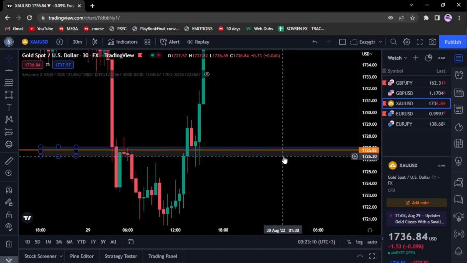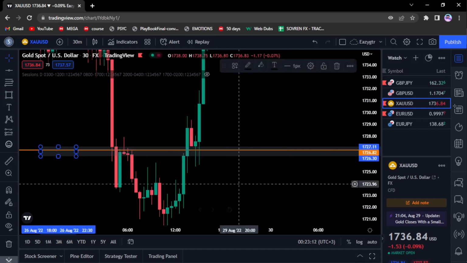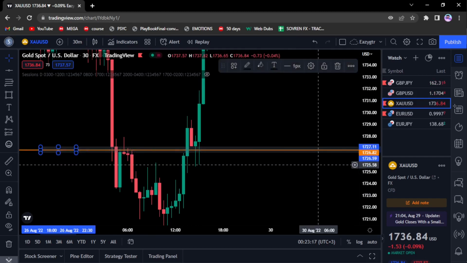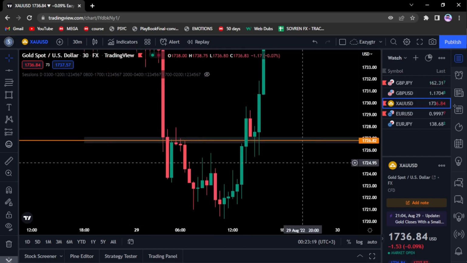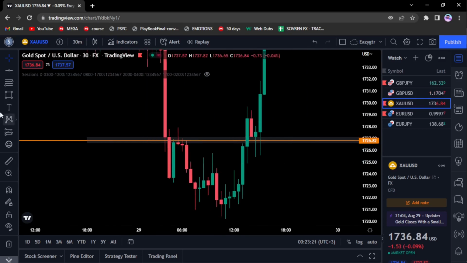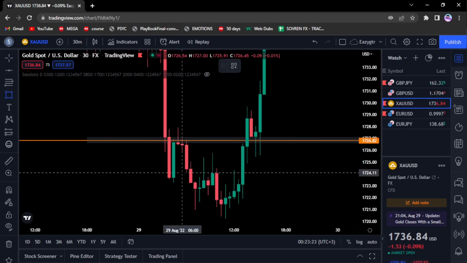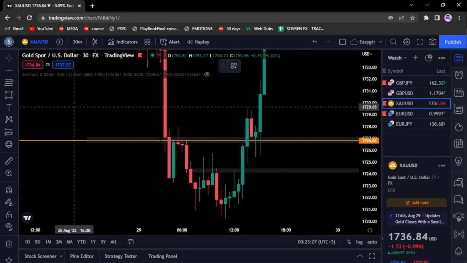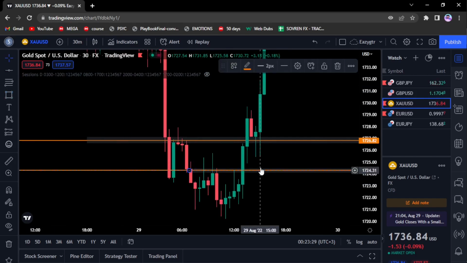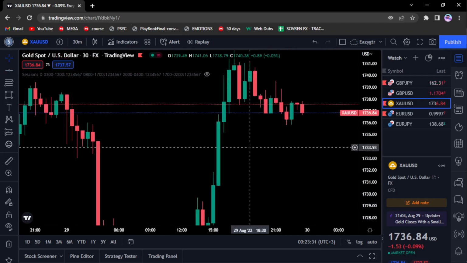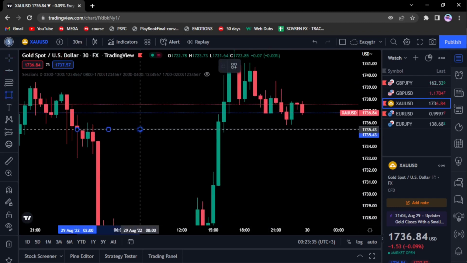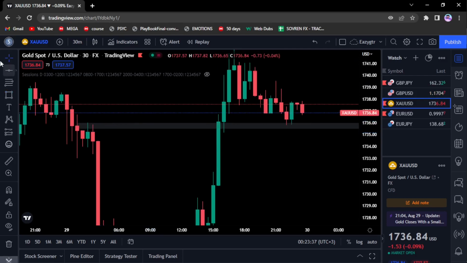This is where I had my first zone. This is where the second zone was. And this is where we had our third zone. This is beforehand, before everything.